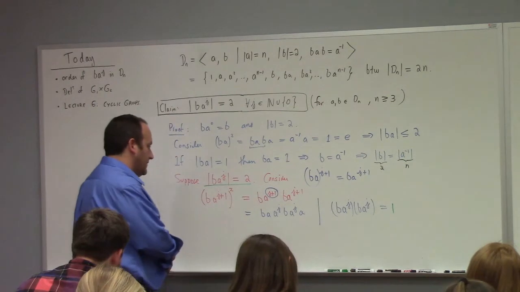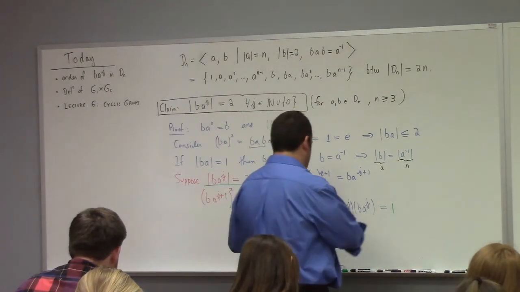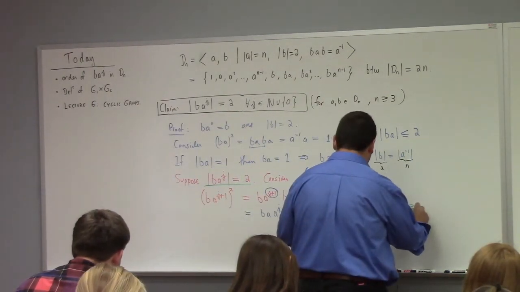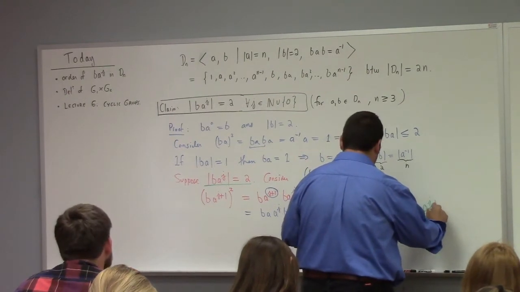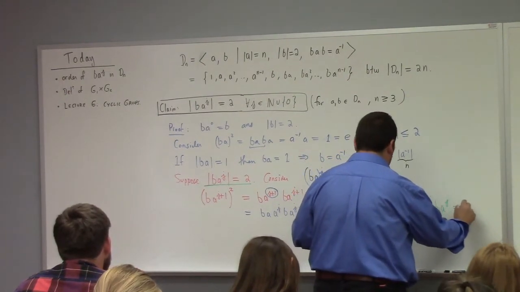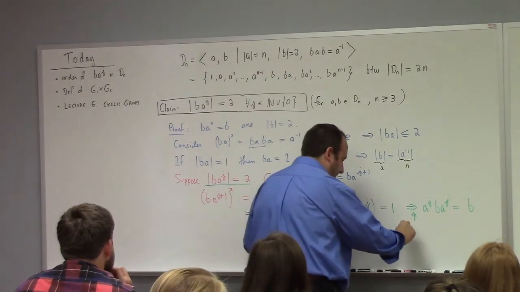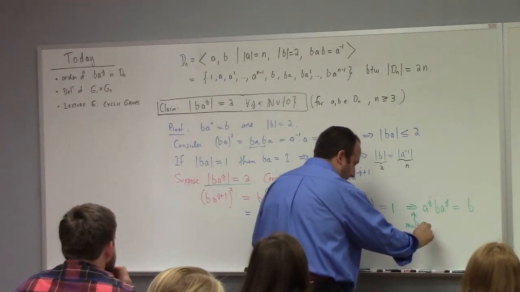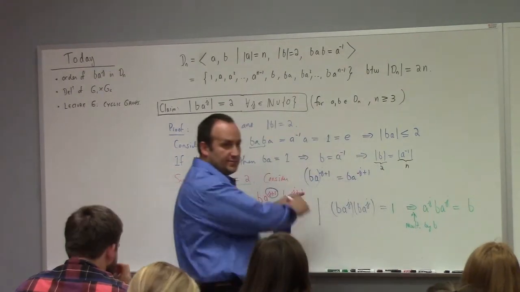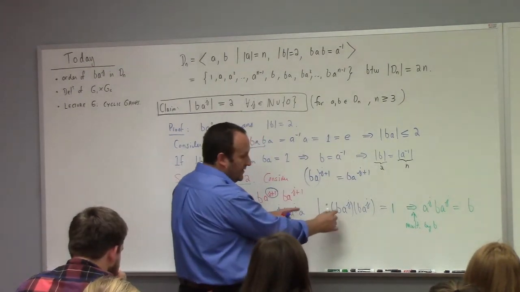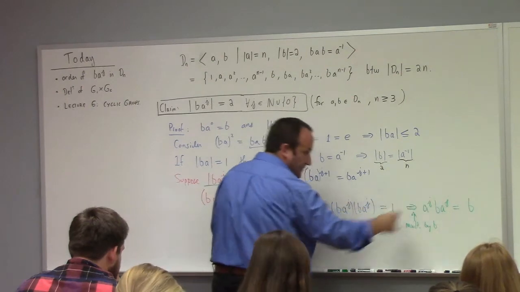That implies that A to the J, B, A to the J is equal to B, if I just multiply by B. Do you guys see that? Multiply by B, we get B squared, which is 1. So A to the J, B, A to the J is equal to B.